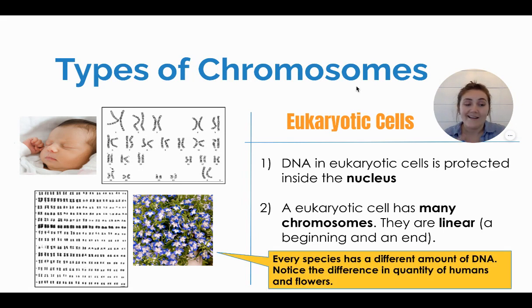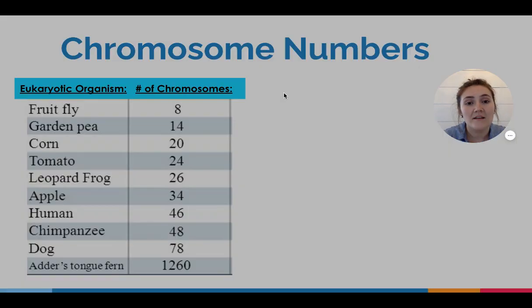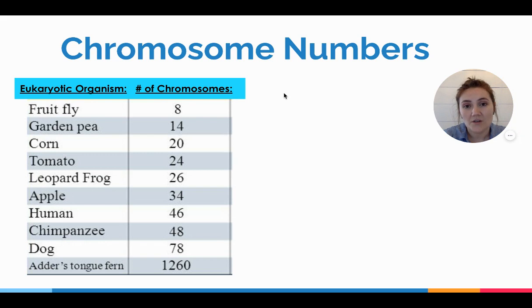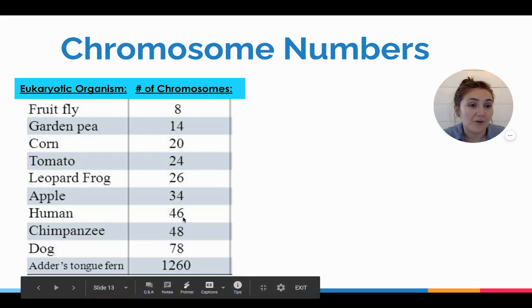And like I said, every species has a different amount of DNA. If you compare a human to this flower, you'll notice that the flower has way more chromosomes than we do. So here's just a short little table that will show you the different numbers of chromosomes found in various eukaryotic organisms. You can see a fruit fly only has 8, a tomato has 24, a human has 46, and really close to us is the chimpanzee.